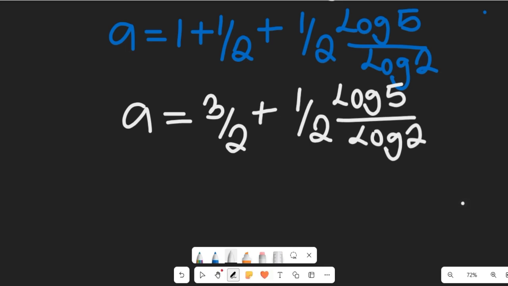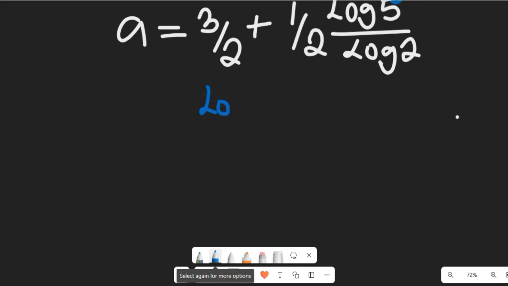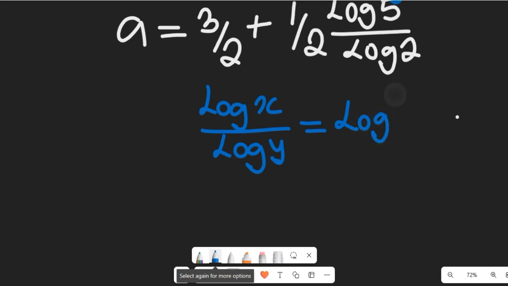Now what I'm going to do is to draw your mind in the next step to another law of logarithm. Remember, if I have the log of x divided by the log of y, this can be equal to the log of x base y. The denominator becomes the base, and the numerator becomes the logarithm.